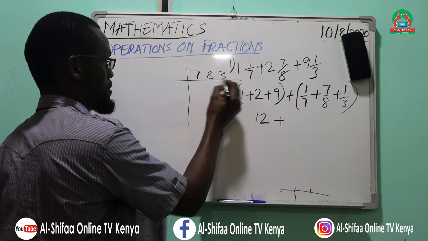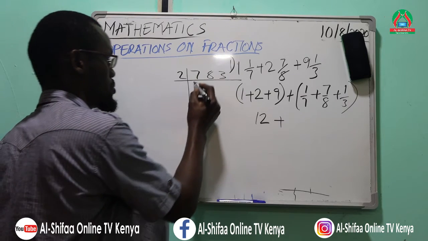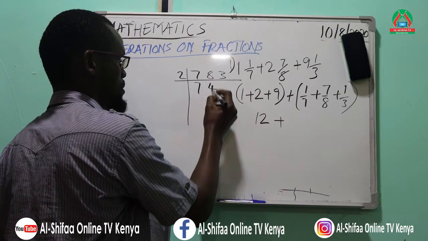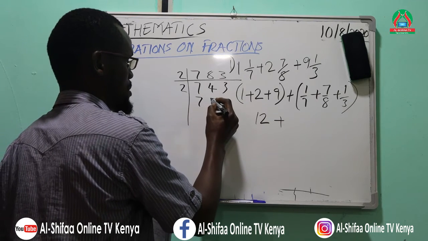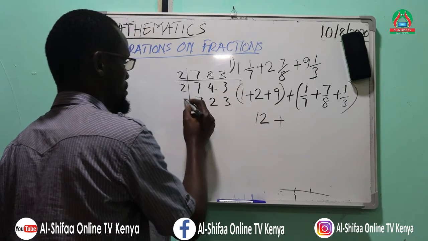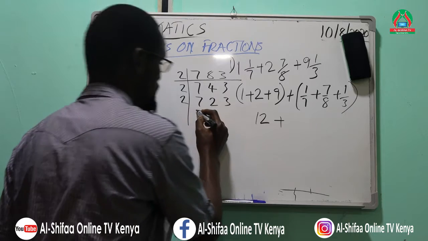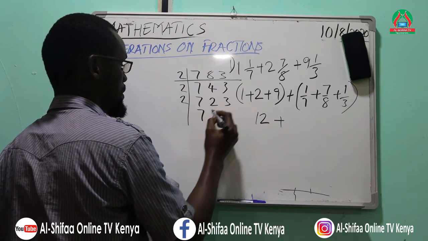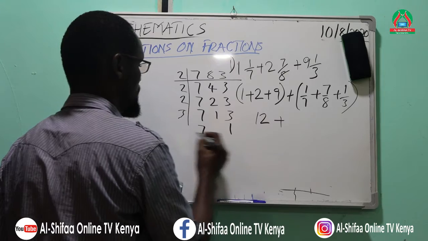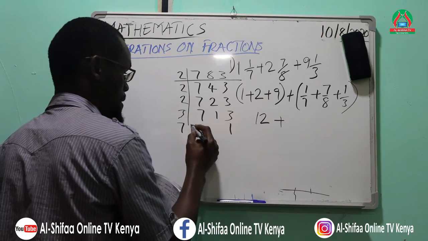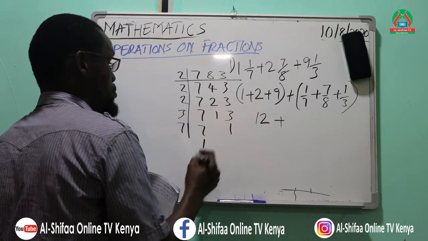We'll get 2, 7, 4, 3, 2 again, 7, 2, 3, 2 again, 7, 1, 3, get 3, 7, 1, get 7 again, and we get 1.